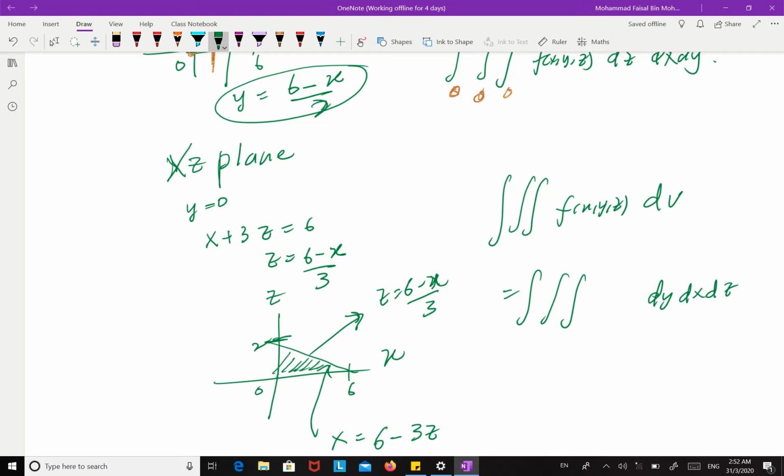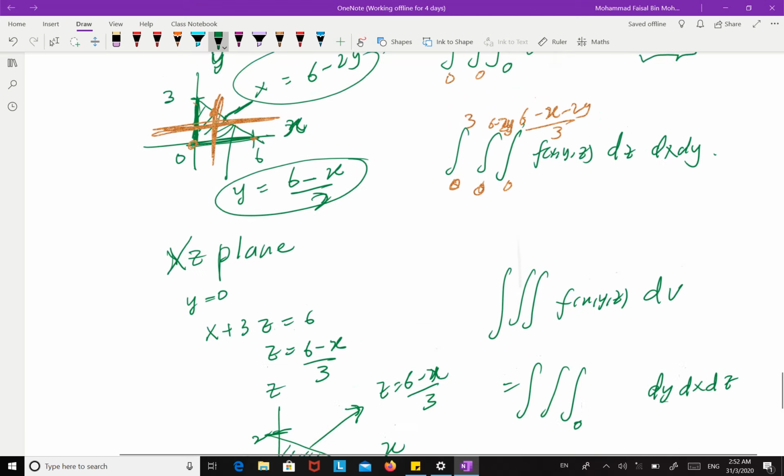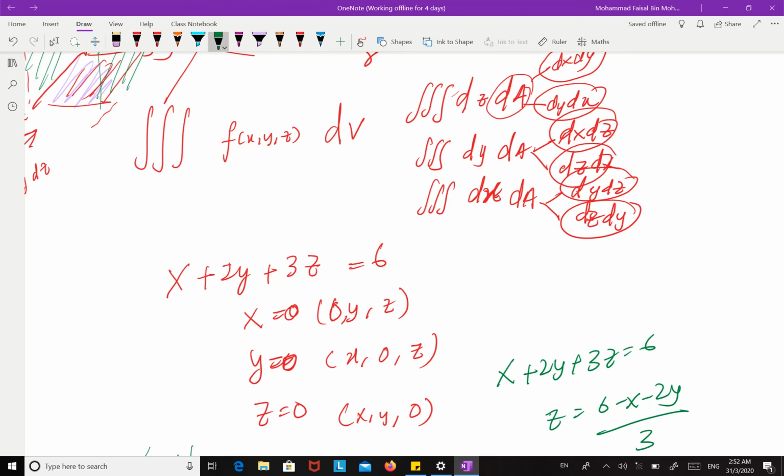If you choose dy first, so you have to cut dx. This is y equals something, right? So this is from 0 for sure. They gave you from 0, and then from the original equation we have y equals something.